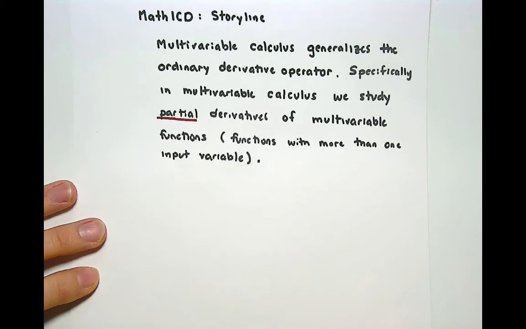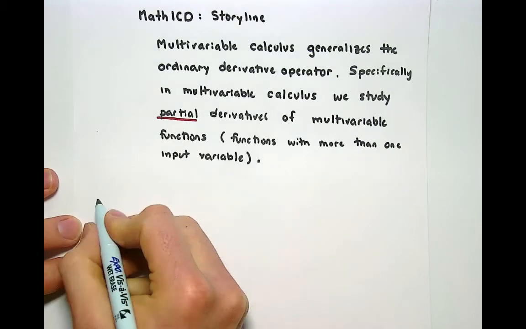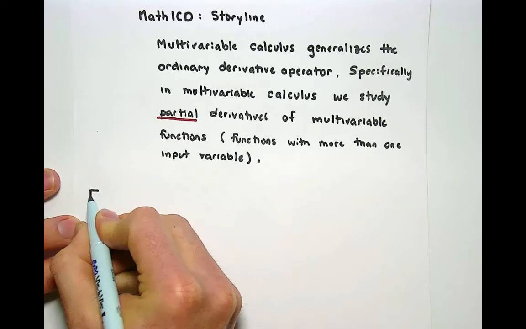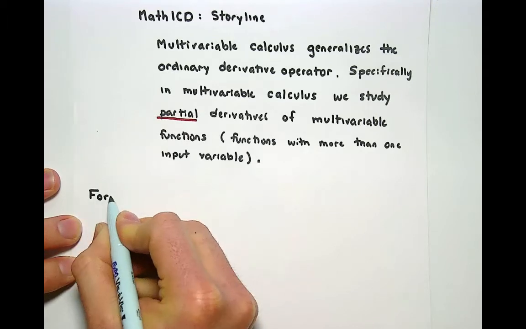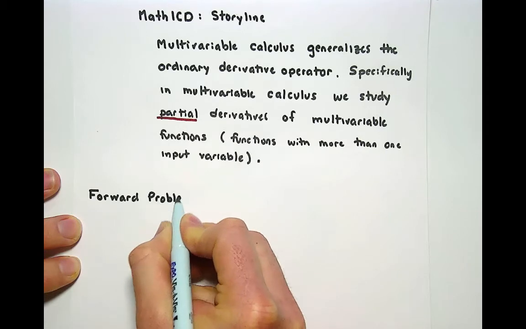Just like we saw in our review of single variable calculus, in multivariable calculus, we're really going to just study two problems. First one I'm going to call the forward problem.